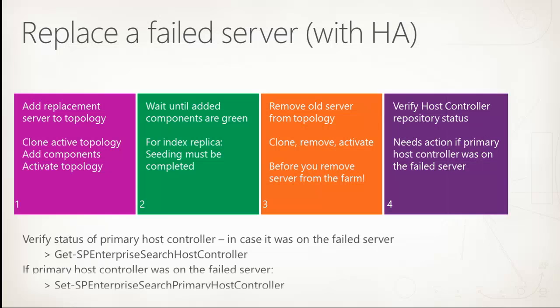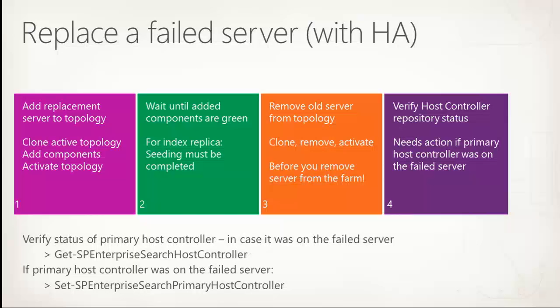And then finally, as I mentioned, you should check the status for the host controller high availability. In case the primary host controller was running on this server, you need to create a new primary host controller. It's important to emphasize that if the primary host controller goes down together with the failed server, it doesn't mean that the dictionaries are gone.